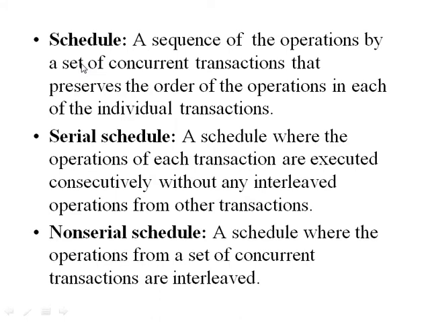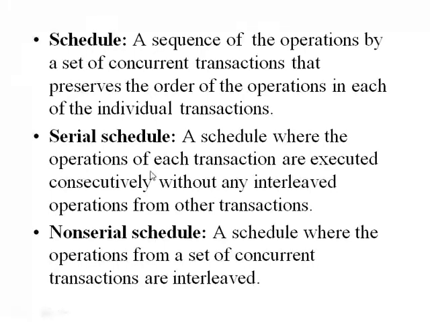So which operation should execute first and which operation in the transaction should execute next. So it tells the order of the operations of each individual transaction of concurrent transactions. So that is the simple sentence we can tell about the schedule.